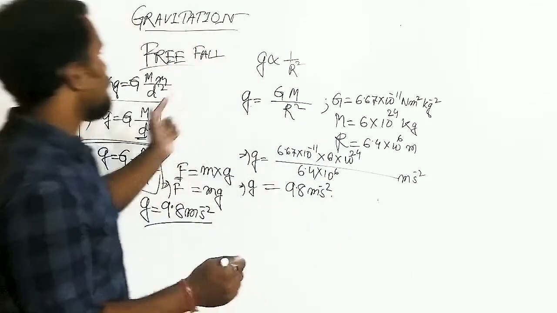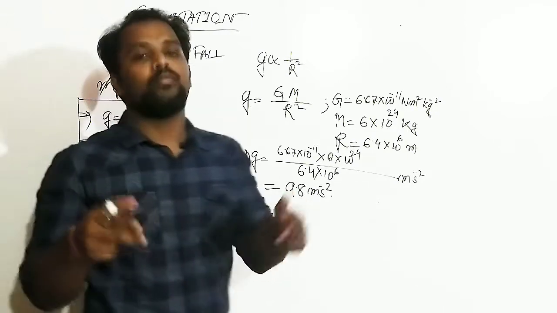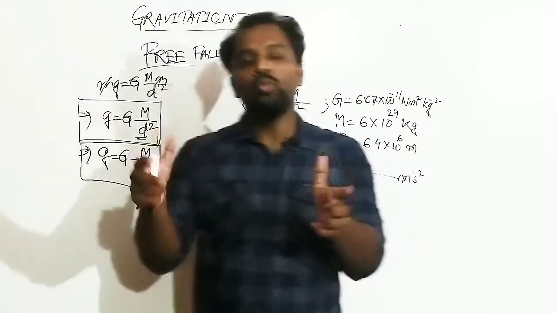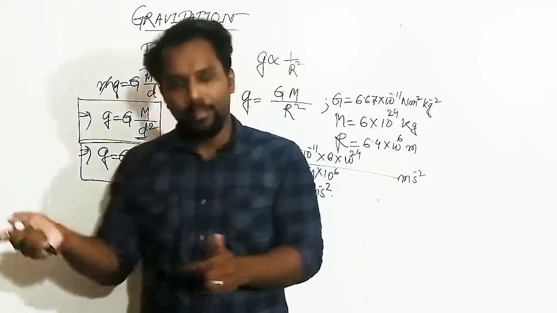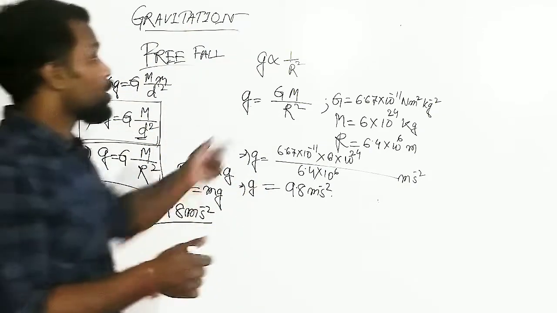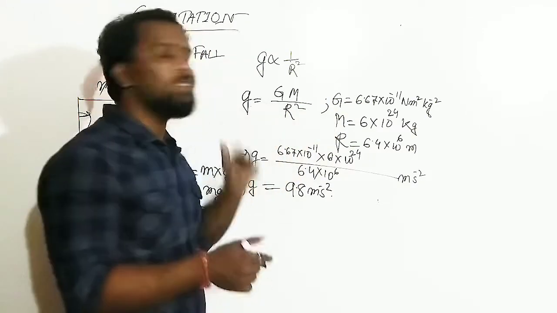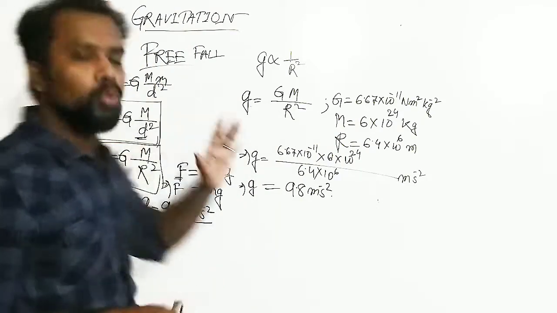Then we learned about the universal law of gravitation, which told us how two masses are attracted towards each other with a gravitational force. Then we understood what free falling is. Again, we calculated the value of small g. Lots of things we discussed today, so just go through the video again.